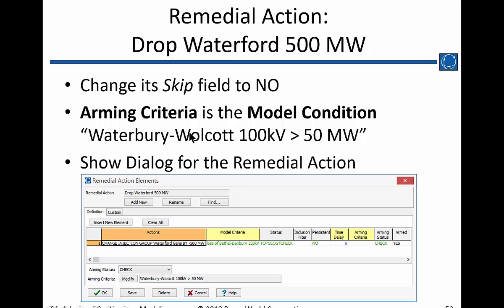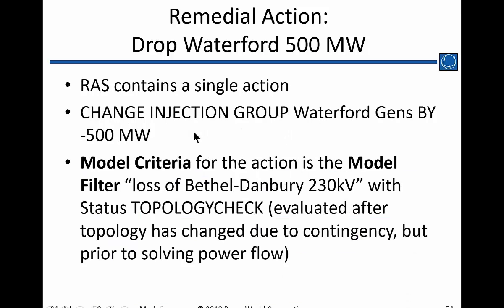So this is what we looked at on that particular action in the dialog. The status on that action, again, I mentioned it was set to topology check, which means that it's evaluated after the topology has changed with the line being taken out of service due to the contingency, but prior to solving the power flow.